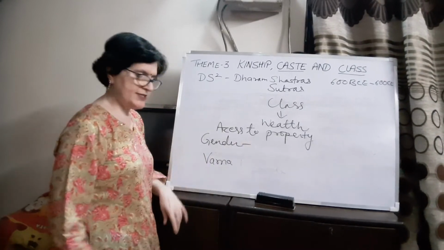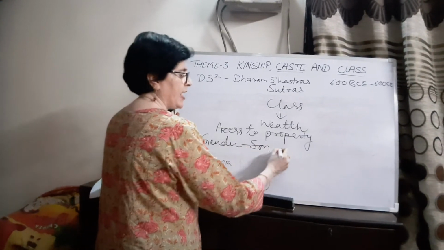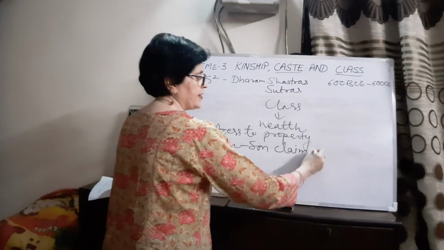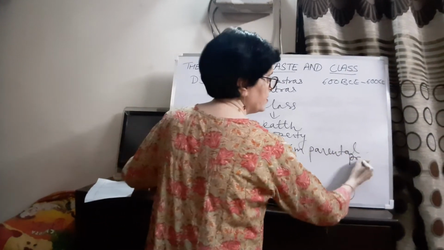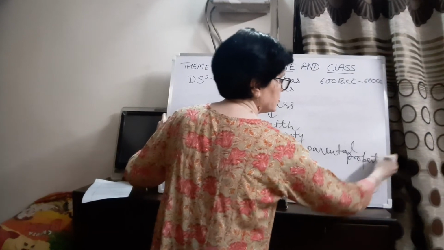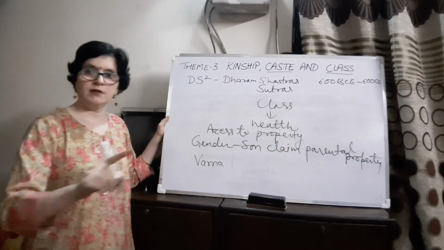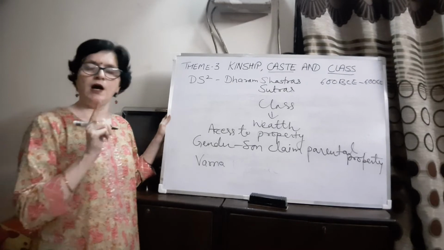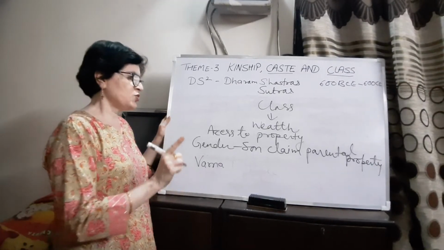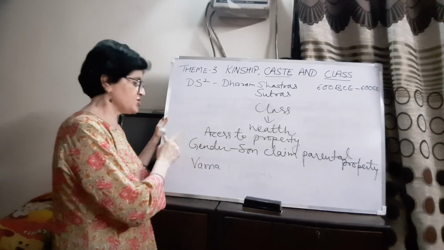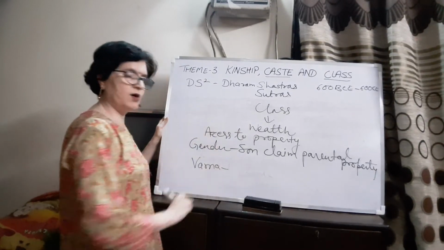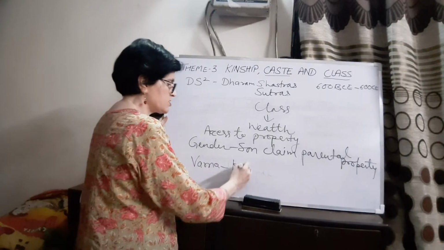On the gender basis, a son can claim parental property or even the throne. Like Duryodhana was asking that he should be the king after Dhritarashtra.